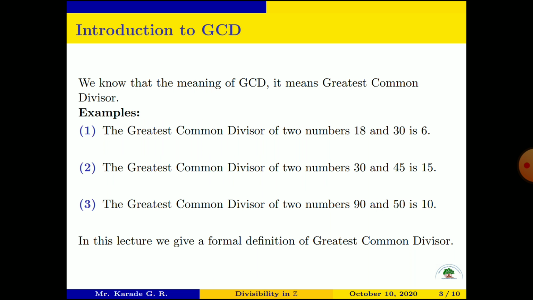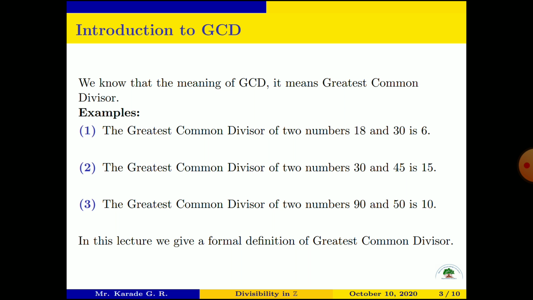Second example: the greatest common divisor of 30 and 45 is 15. And the greatest common divisor of 90 and 50 is 10.